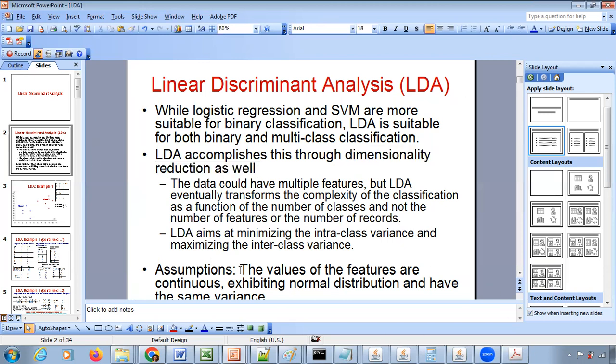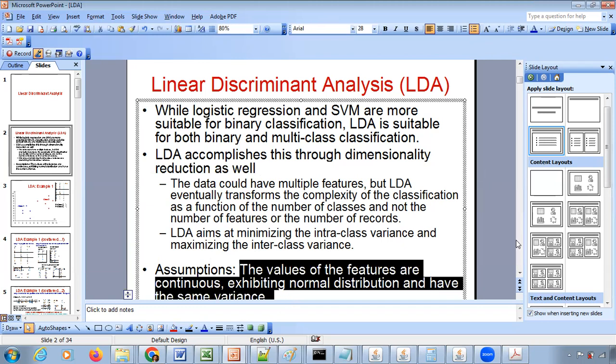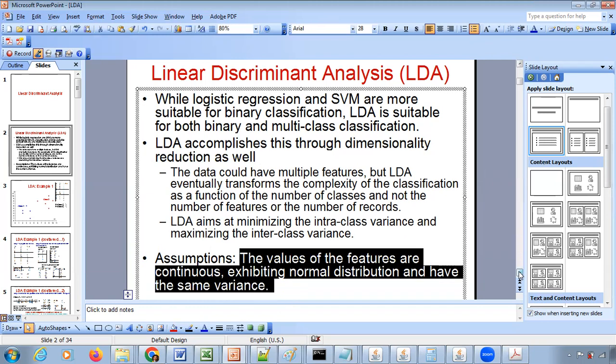One important assumption of LDA, in the math behind it, is that the features are continuous, and that the distribution of the feature values exhibits a normal distribution, with little difference in the variance among the feature values.